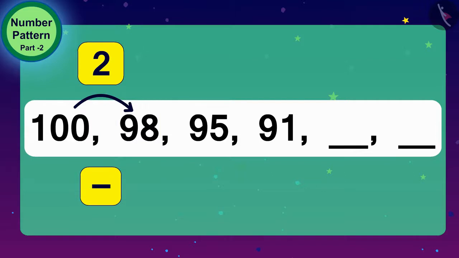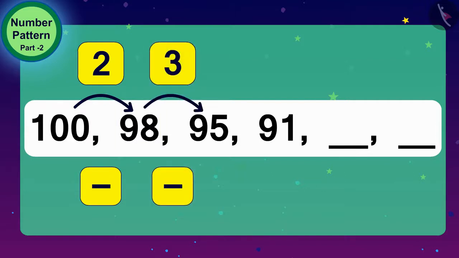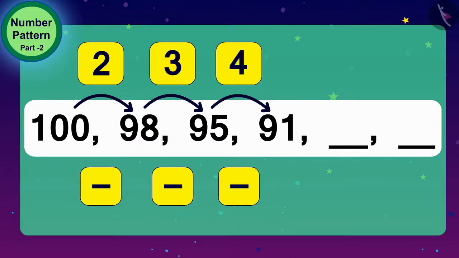We will subtract 3 from 98. Now, what do we have to do to get 91 from 95? Alright, we have to deduct 4 from 95.